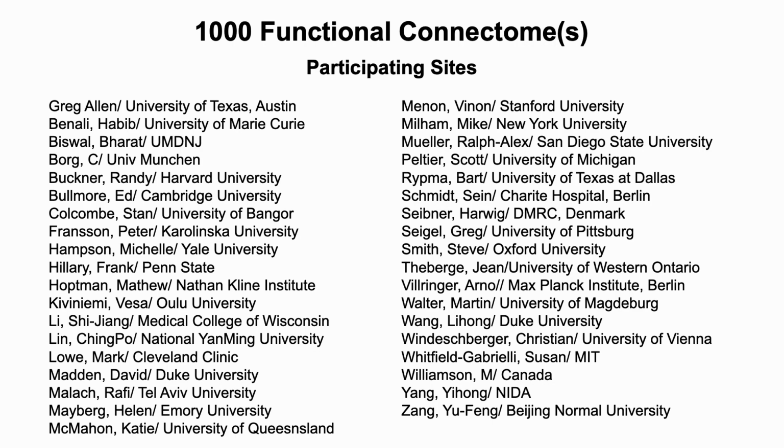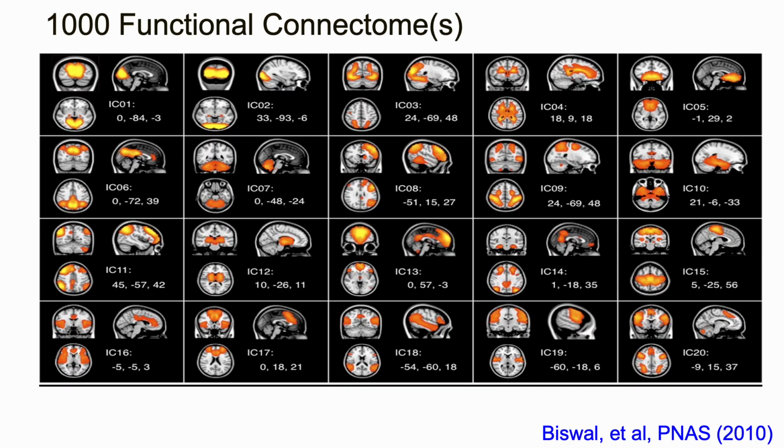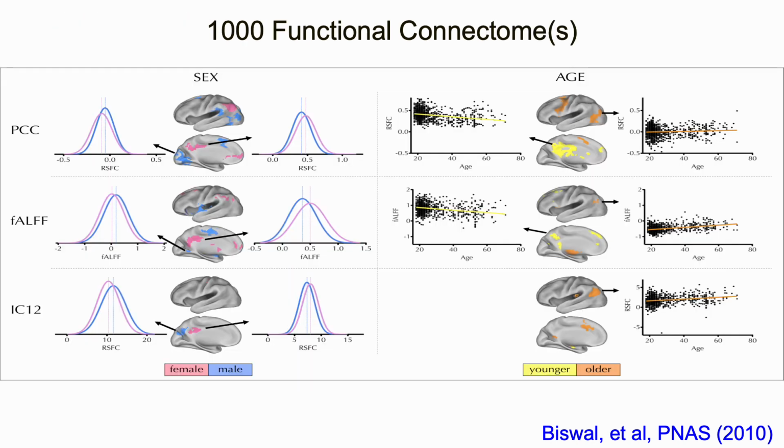And we processed all the data in an identical fashion, and what we found was 20 distinct resting state networks using this data, which, to be honest, we were quite surprised.